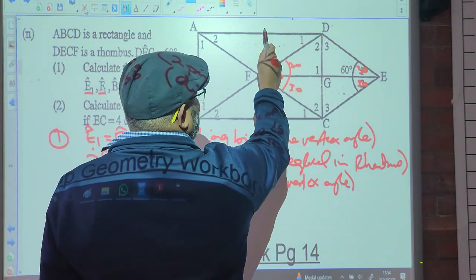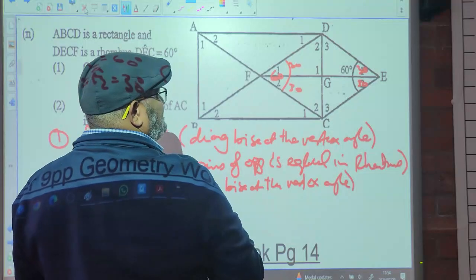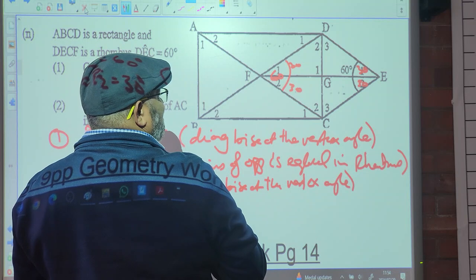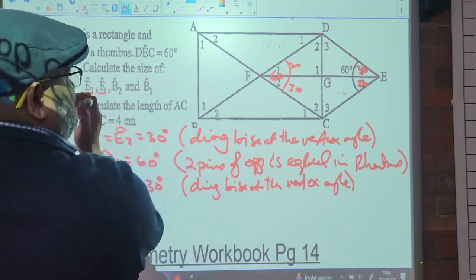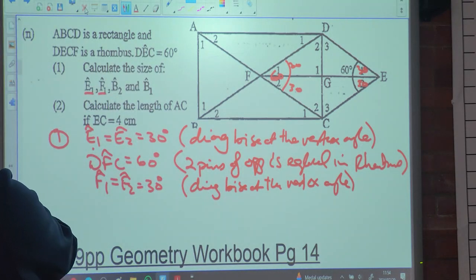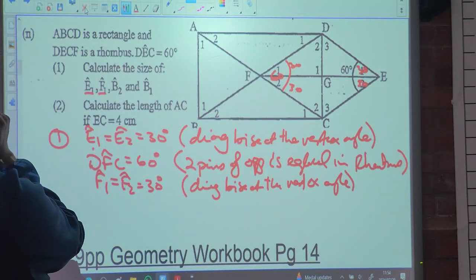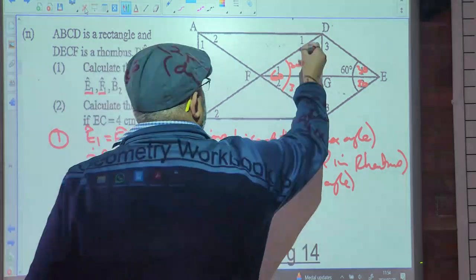But we need to know that that line is parallel to that line. These lines are parallel. We know those lines are parallel. Yeah, it's 90. We know that, yes.